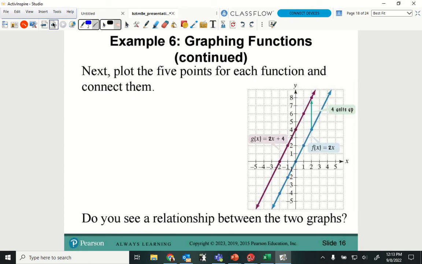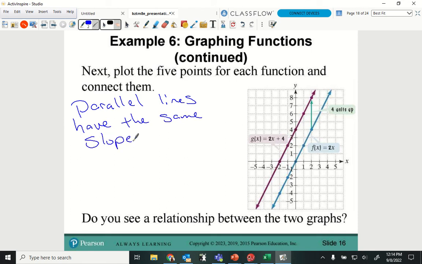What type of lines are these? They are parallel. They are parallel lines. Parallel lines, by definition, have the same slope. Okay, same slope.